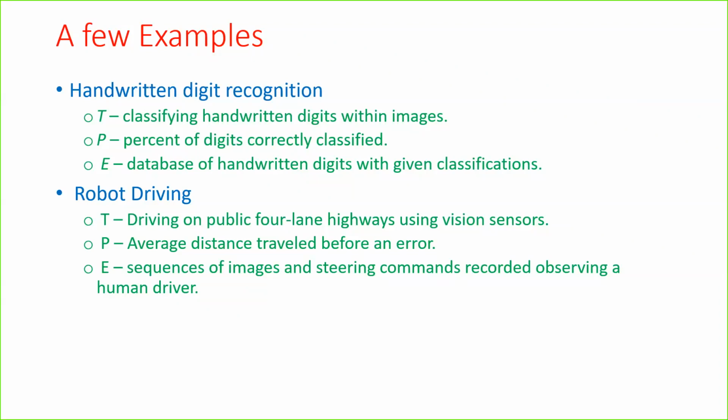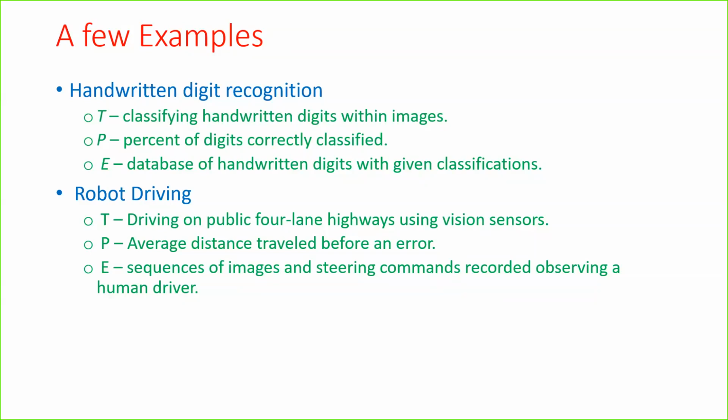Here the task is driving on public four-lane highways using vision sensors, and the performance measure is the average distance traveled before an error occurs. The experience here is the sequence of images and steering commands recorded while observing a human driver. So this is how we can formulate different problems within the framework of TPE: task, performance measure, and experience.